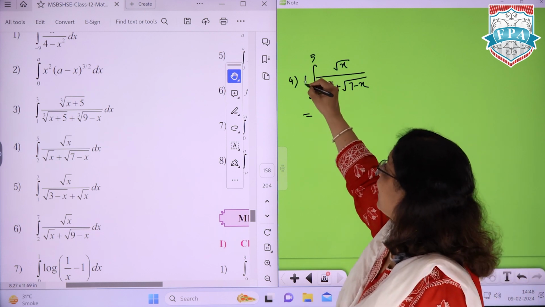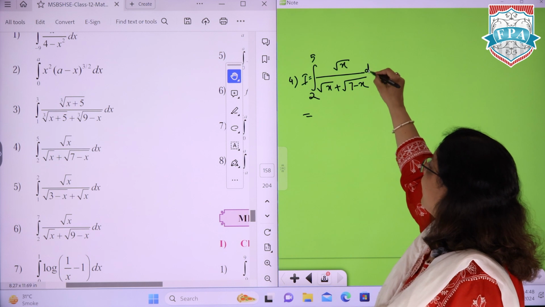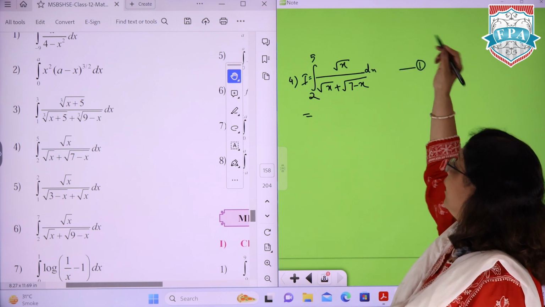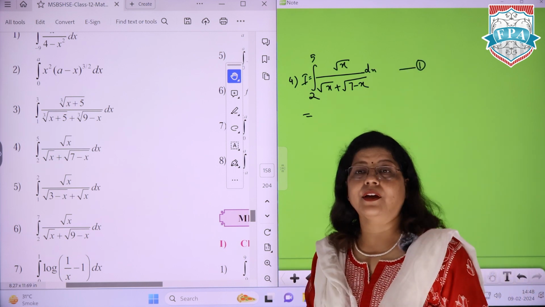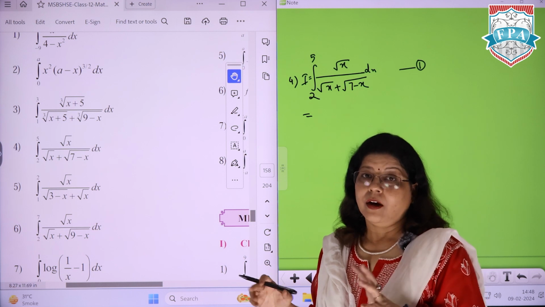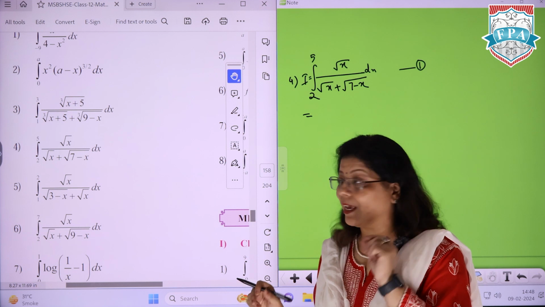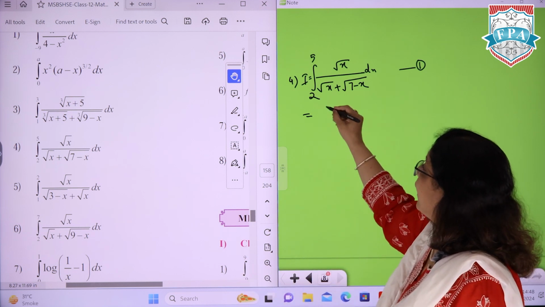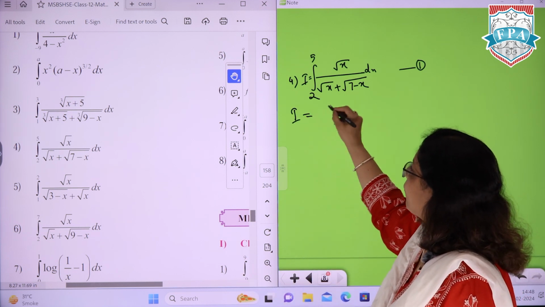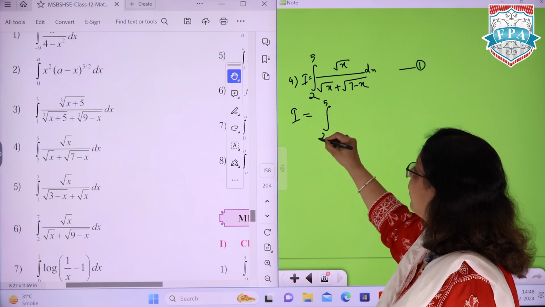So let's say I is equal to this and mark it as 1. Now we'll use the property integral a to b f(x) dx is equal to integral a to b f(a plus b minus x) dx. So ये आपका बन जाएगा 2 to 5.